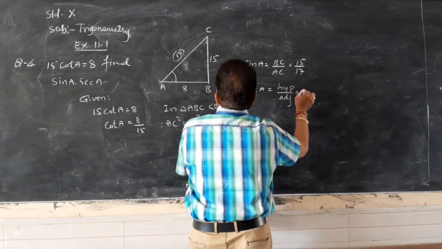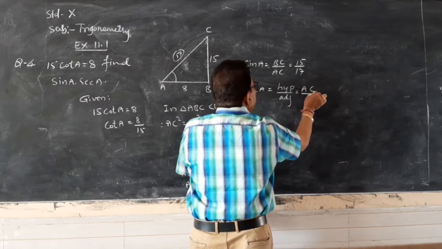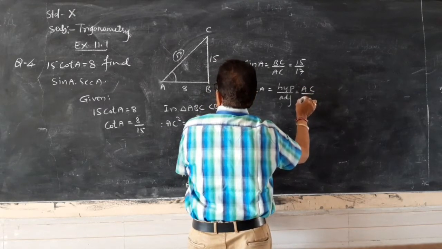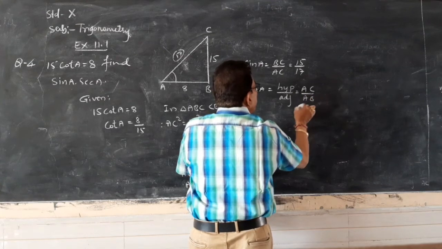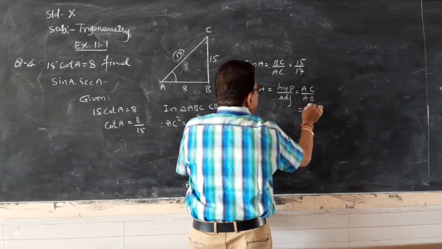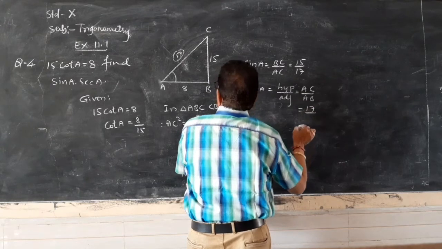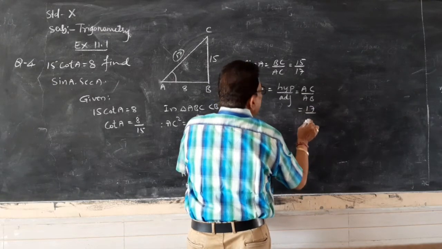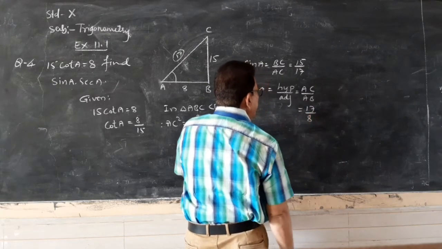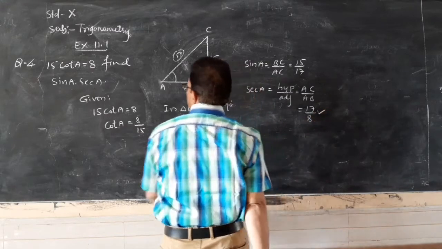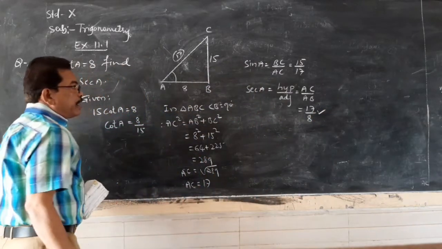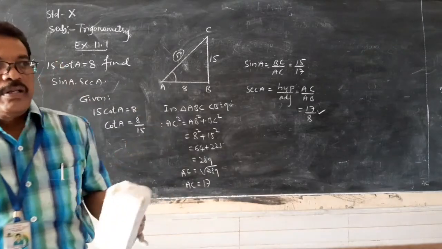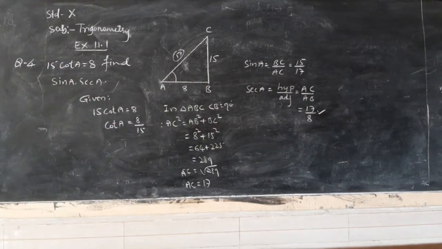Hypotenuse is AC, divided by adjacent side AB, that is 17 by AB, AB is 8. 17 by 8. Okay, write down the other diagram.